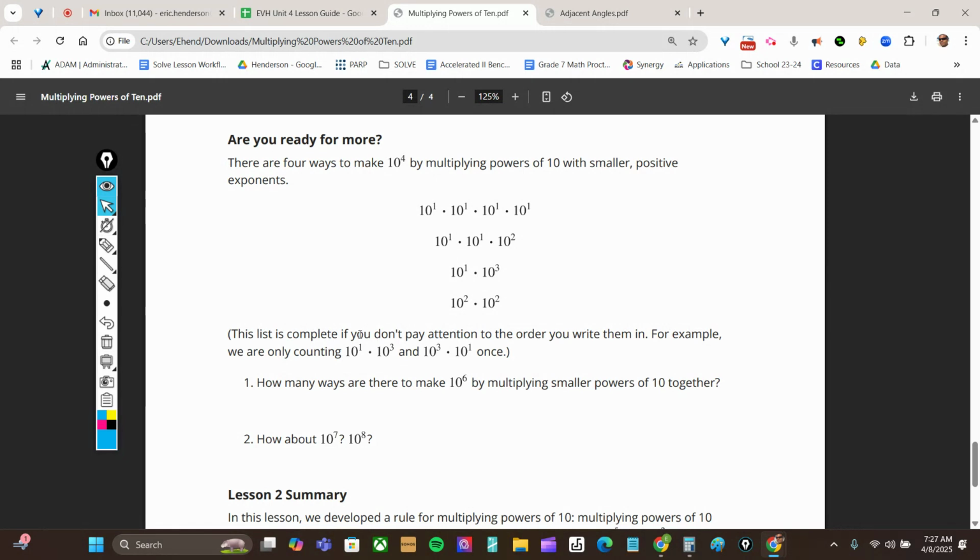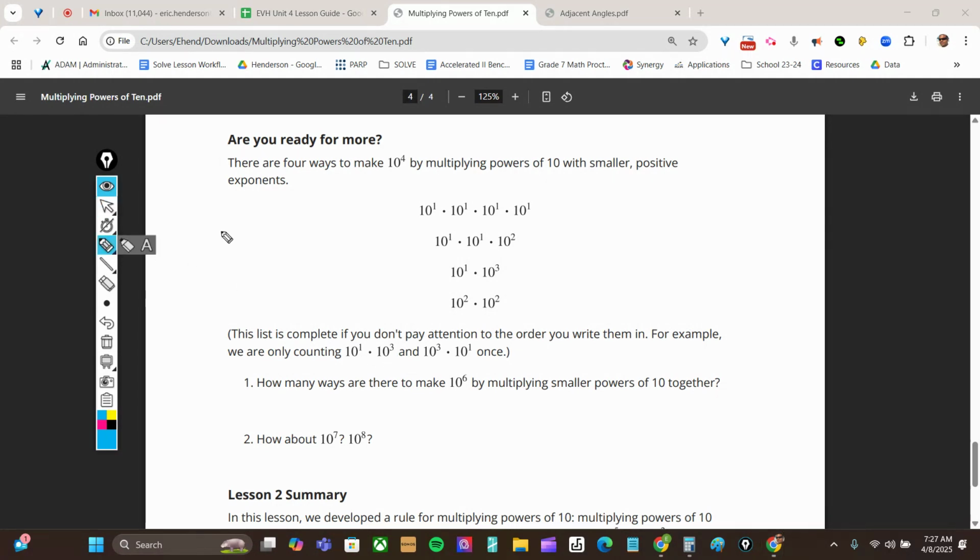This list is complete if you don't pay attention to the order you write them in. For example, you are only counting 10 to the 1st times 10 to the 3rd and 10 to the 3rd times 10 to the 1st once. So you can't switch it around and use it twice.